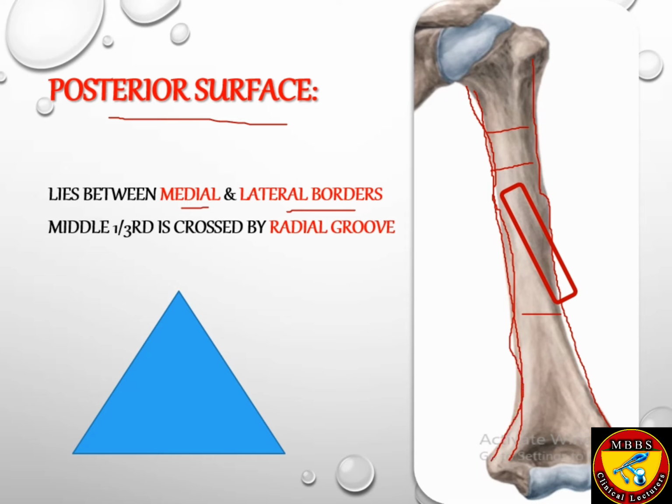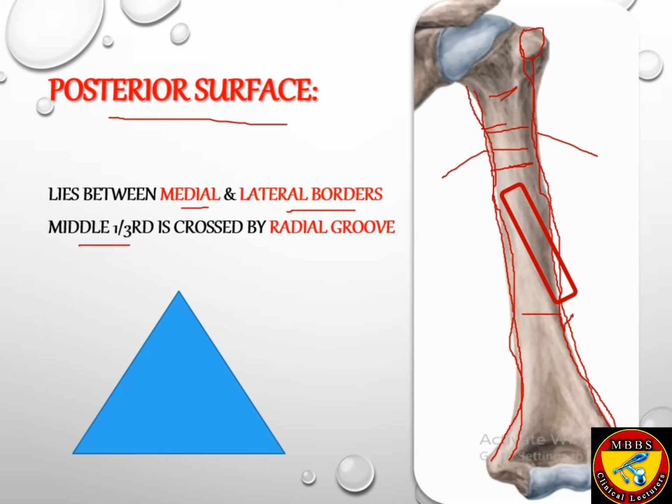The lateral border is formed by the posterior end of the greater tubercle, and it comes down and forms the lateral supracondylar ridge. In between the medial and lateral border, there is a surface that is called the posterior surface.